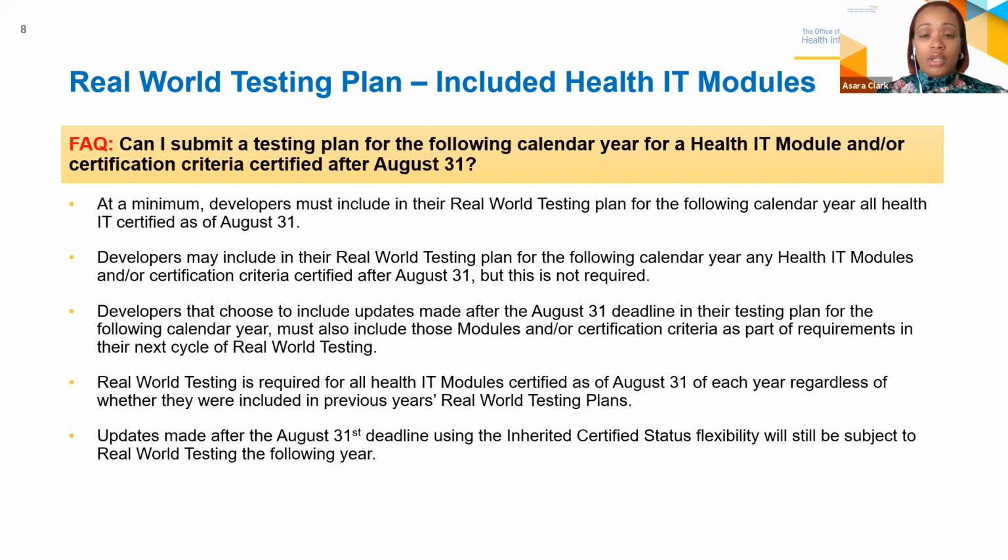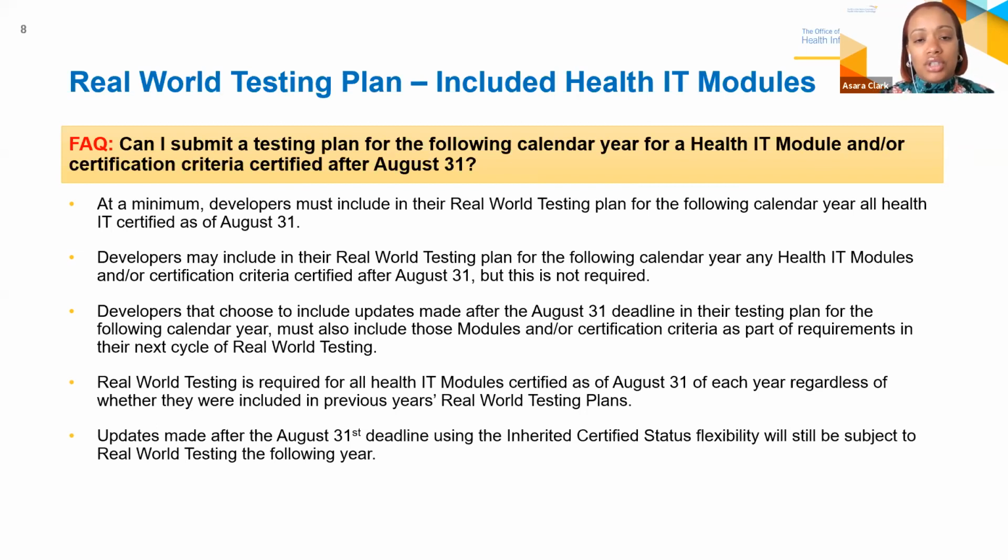You may have reasons why you want to include those, to help build up the transparency within your health IT module, to help give a full scope of what the capabilities are. That's totally fine.